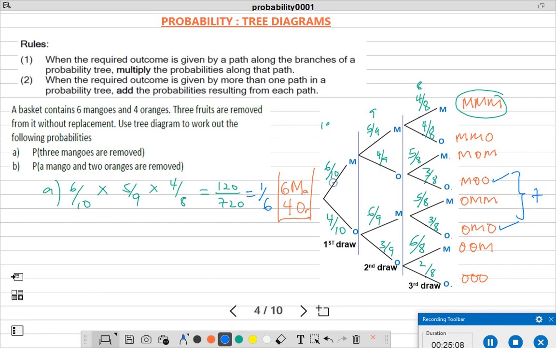But before adding, we first multiply. We are going to multiply 6 out of 10, then times, moving along this path, 4 out of 9, then times 3 out of 8. That is for this path here. Plus.